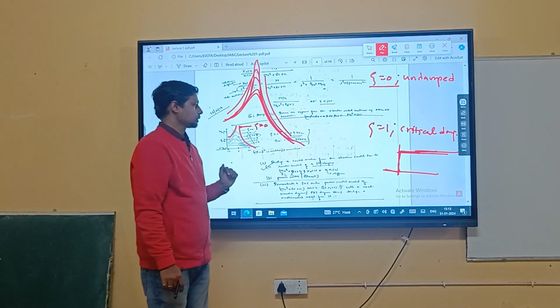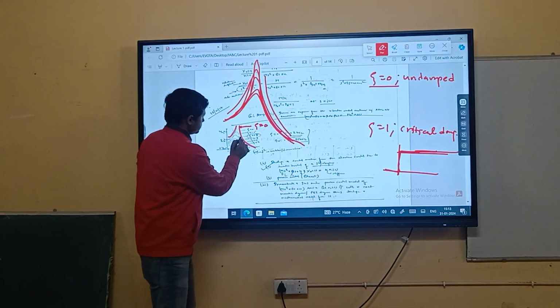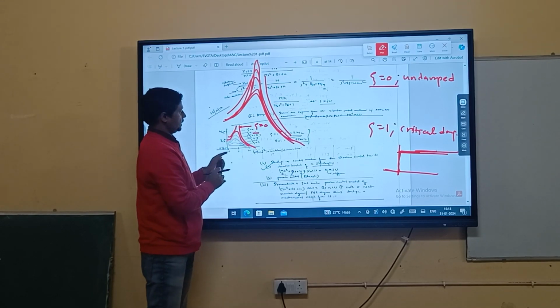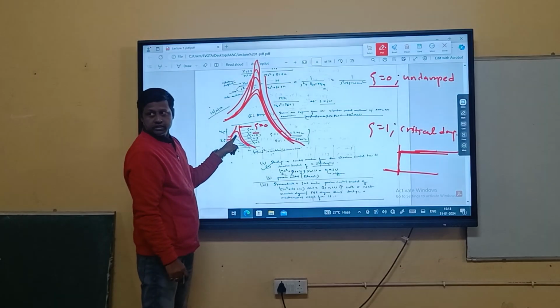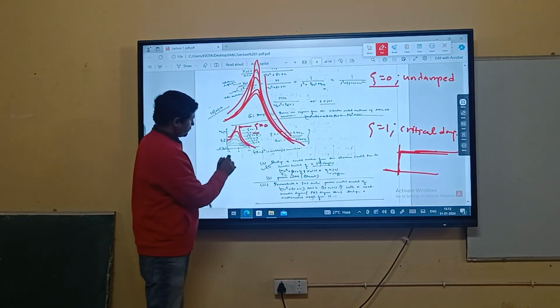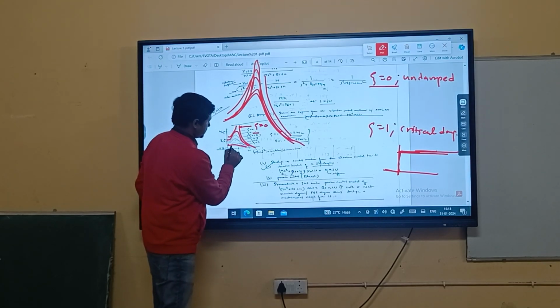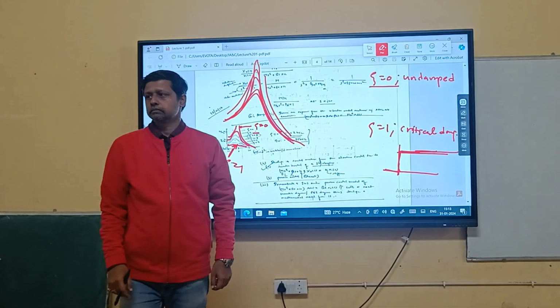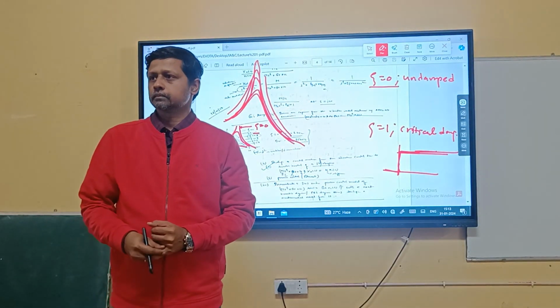Getting my point? So now this is say 0.5. These are the real case studies. If this is 0, this is something like 0.5. So obviously then it will be 0.6. This one will be 0.7. This latter curve roughly you see, this one is zeta is equal to 1. Understand?